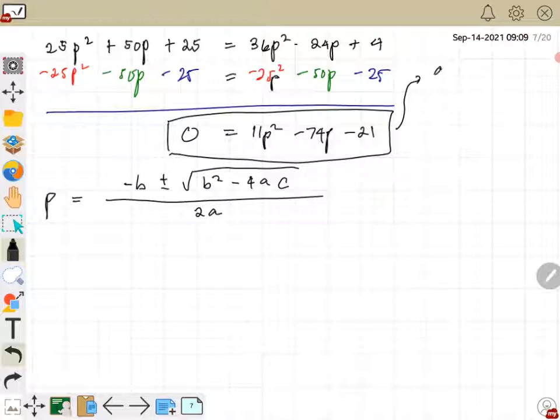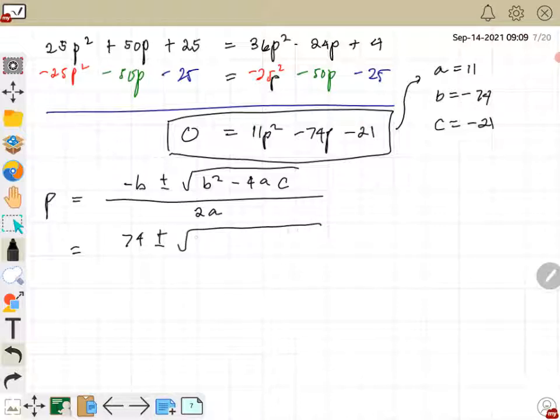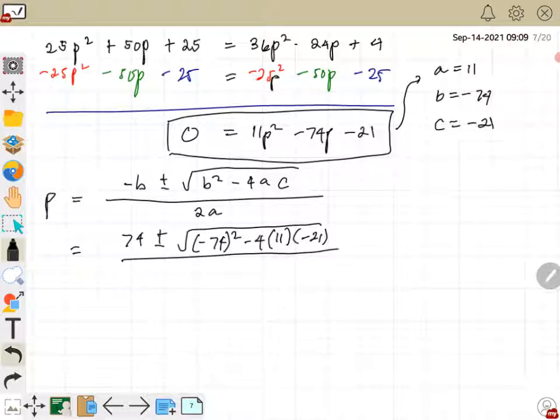Our a is 11, our b is negative 74, our c is negative 21. Let's substitute: negative b becomes positive 74, plus or minus the square root of negative 74 squared minus 4 times 11 times negative 21, all over 2 times 11.